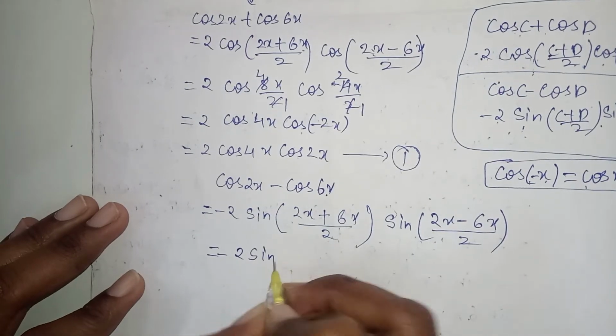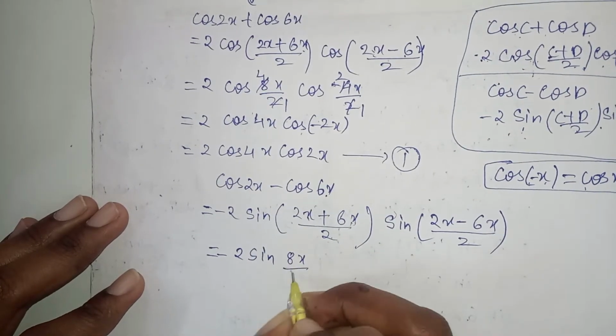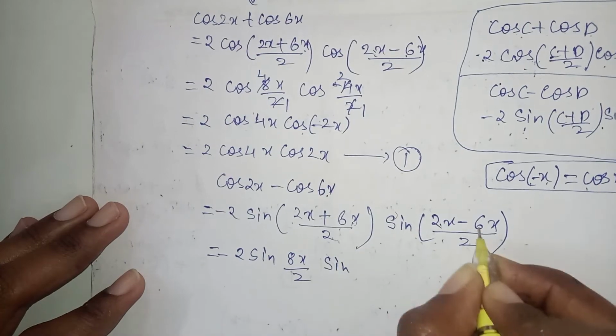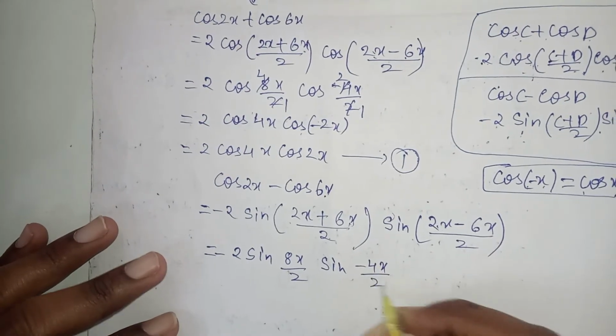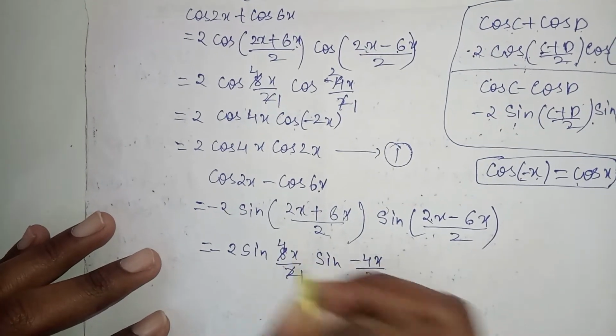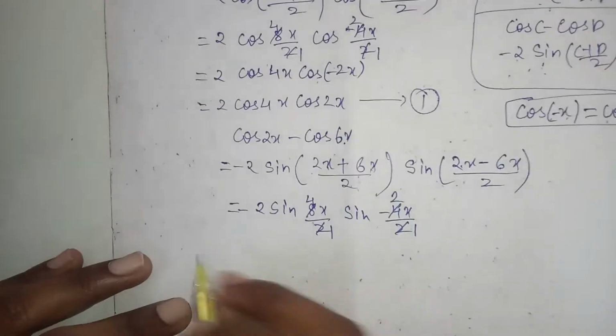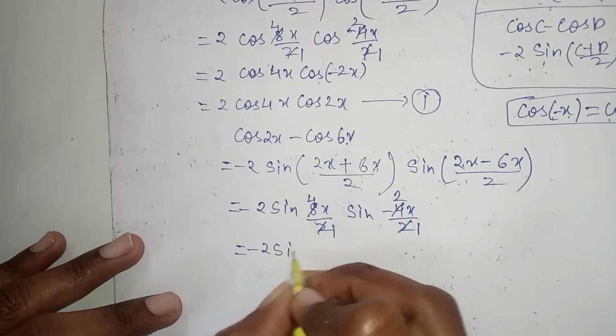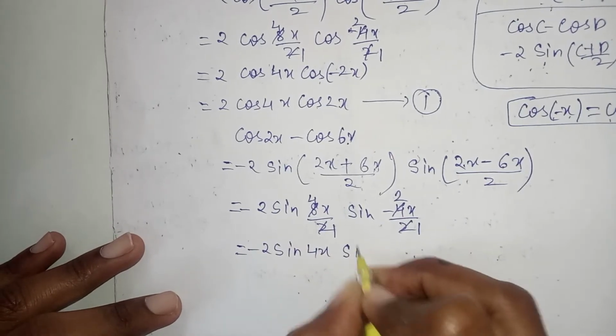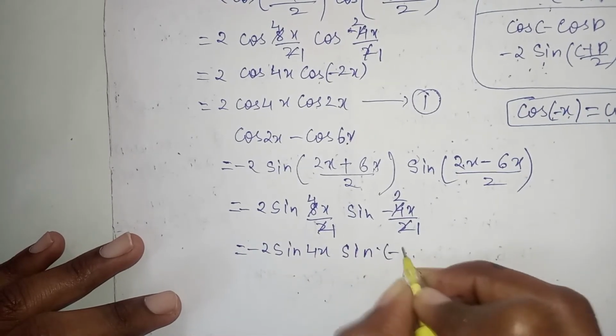So minus sine of 2x plus 6x, 8x by 2, sine of 2x minus 6x, minus 4x by 2. 2 ones are 2, 2 fours are, 2 ones are 2, 2 twos are. So minus 2 sine 4x sine of minus 2x.